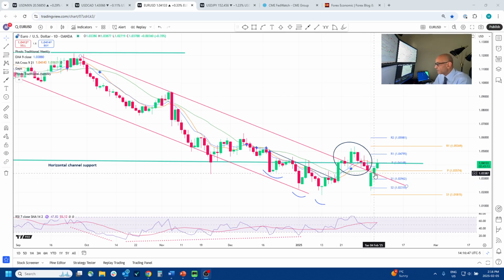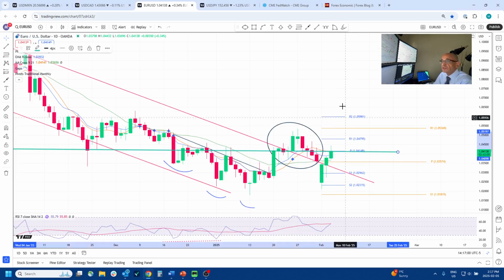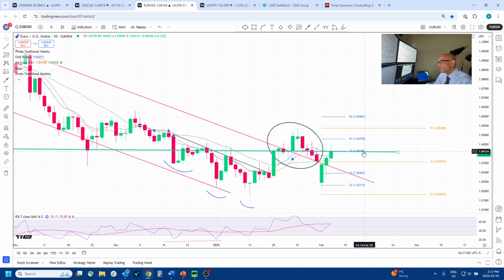Following the agreement to postpone the implementation of tariffs, price action rose back up again, as we can see over the past few days, and is currently finding resistance at a weekly pivot point, which is the same level as the horizontal channel support we spoke about.